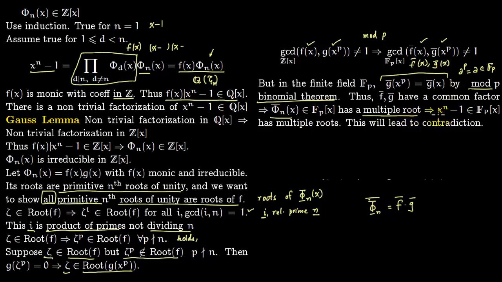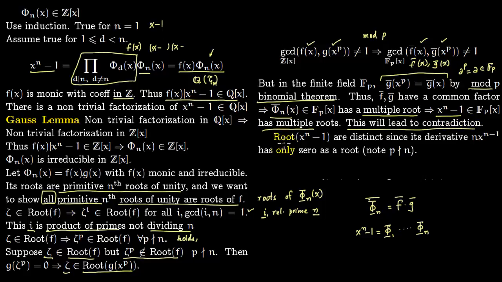So this implies that x^n minus 1 has multiple roots, because after all, x^n minus 1 is the product phi_1 and then whatever factors which divide n, and you end up with phi_n. So if this has multiple roots, those multiple roots are also multiple roots here. So this means that x^n minus 1 over the finite field has multiple roots, and this will lead us to a contradiction.